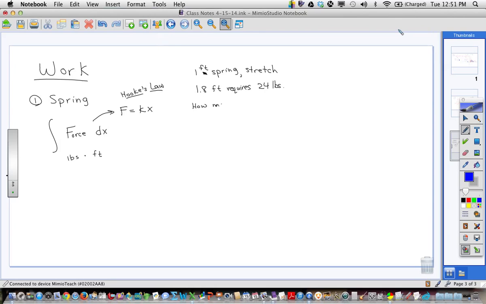How much work to stretch it to 4 feet? Okay, so that first piece of information is important because it tells us something about the spring. So anybody have an idea what we would do from here?